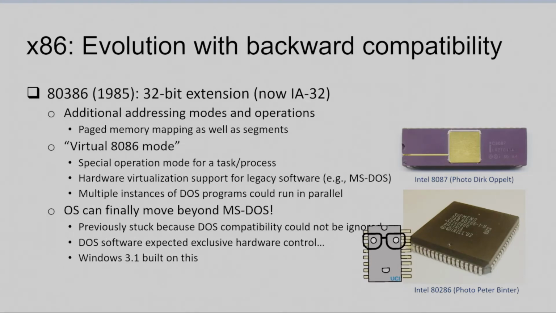And Windows 3.1 was the breakout success that happened at this time. I actually posted a link on the course website to a series of blog posts called Doing Windows. When you have some time on your hands and you're bored, and you want to read about computer history, I highly recommend reading that series.